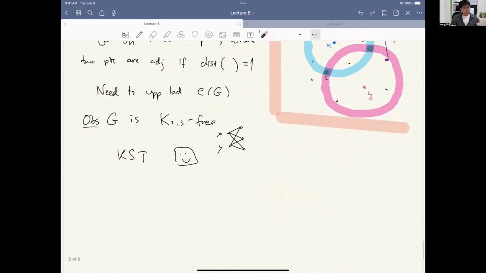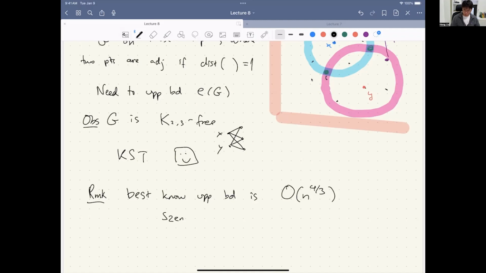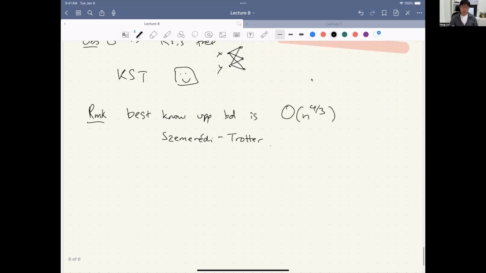The best upper bound so far is n to the 4/3 by Szemerédi and Trotter. Improving this 4/3 exponent is a very important problem.